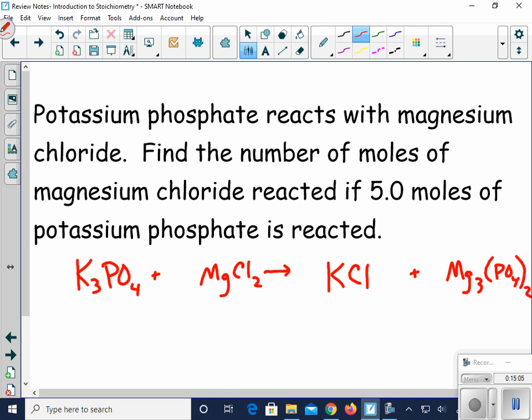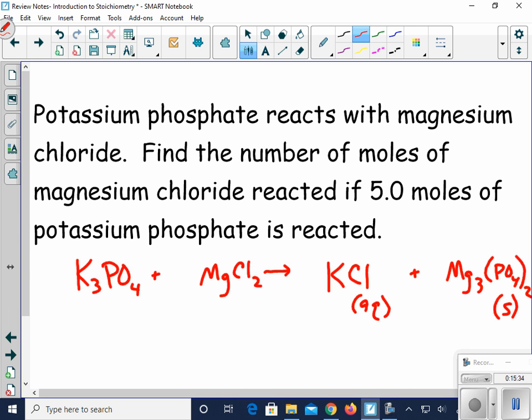Now, I need to check my solubility chart. Potassium chloride is soluble. Magnesium phosphate is insoluble. So have I hit my parameters that I need for this reaction to occur?